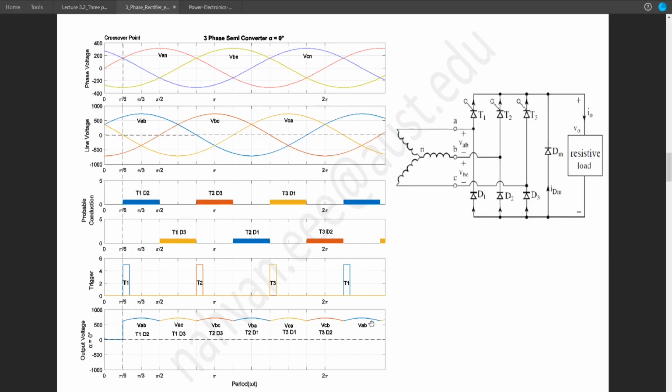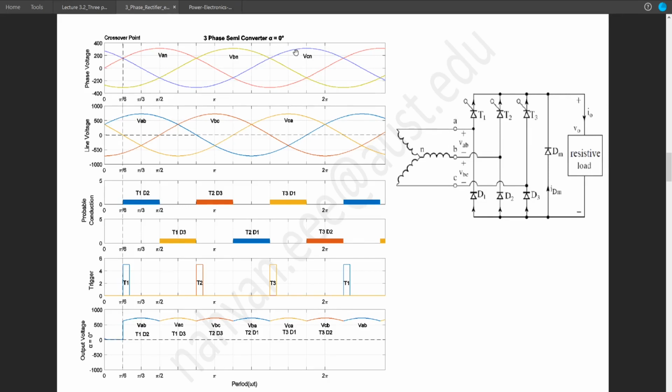So VAB will be repeated. Keep in mind, you don't need to draw the waveform beyond twice pi. You only need to draw the waveform within the grids, so 0 to twice pi.